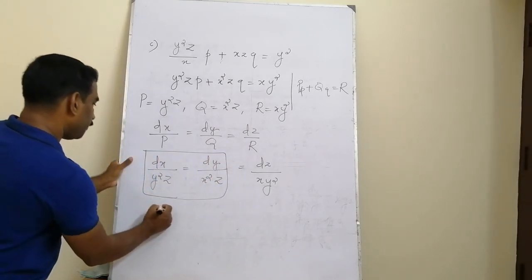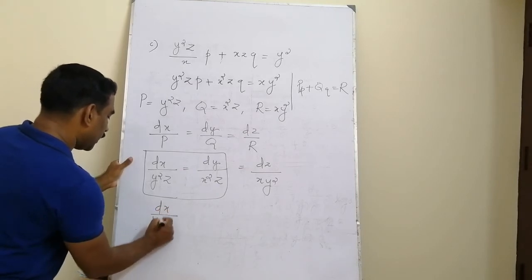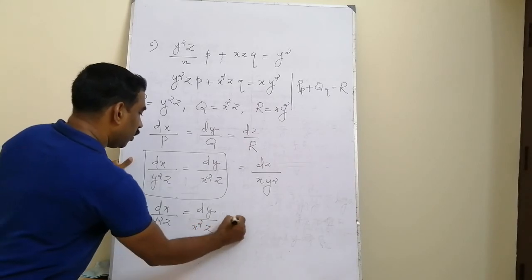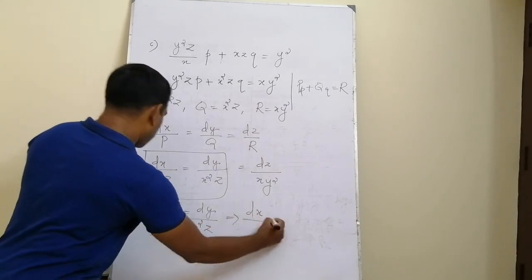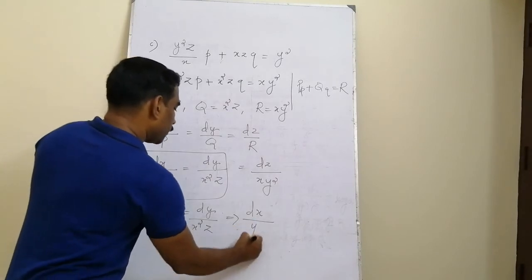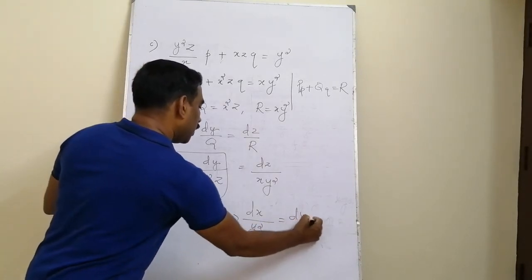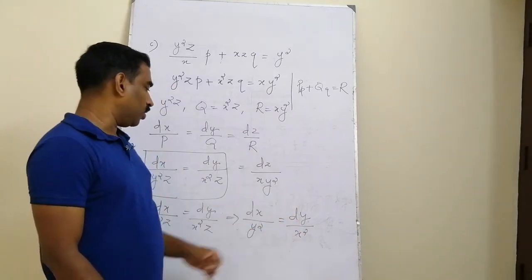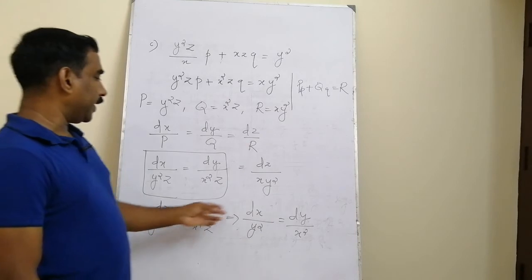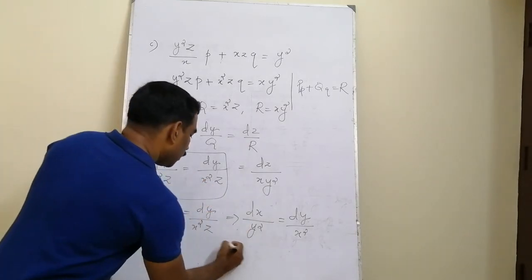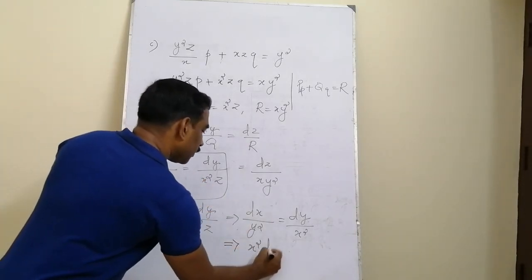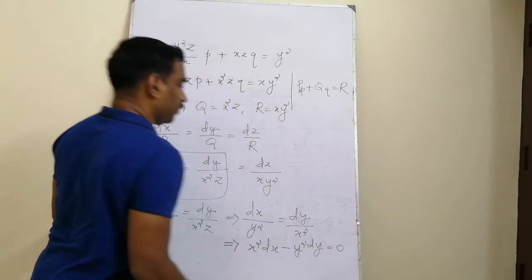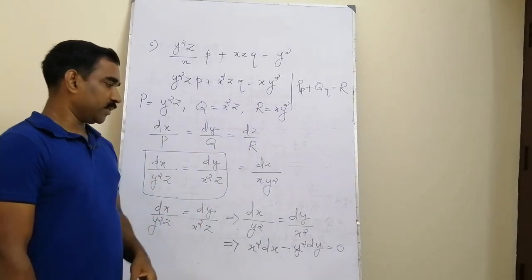So that is equivalent to dx/(y²z) = dy/(x²z), which is equivalent to the ratio dx/y² = dy/x². So the first and second ratio is independent of the third variable, so the grouping method is possible. So we will get an integrable format after cross multiplication. This is equivalent to x² dx − y² dy = 0. So that is an integrable format.